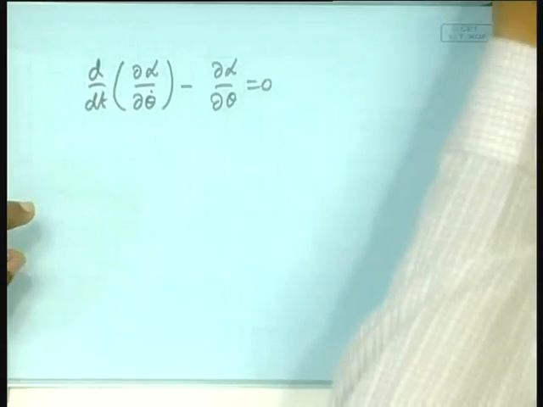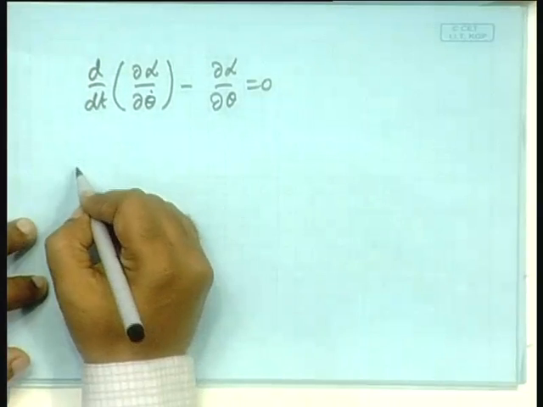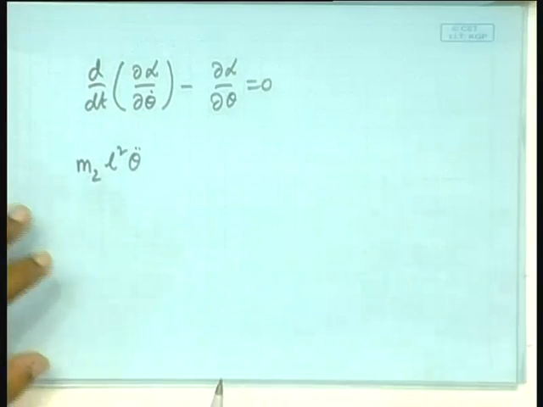Write it properly. Here we have this, the first term is simple, m2 L square theta double dot, no problem here.